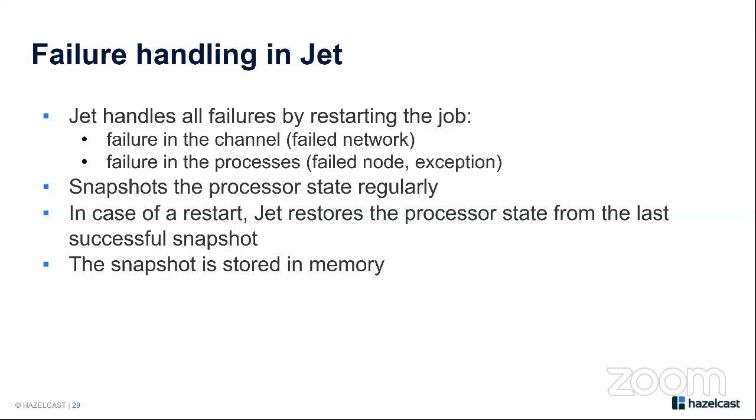So every 10 seconds, this algorithm runs, and a new global consistent snapshot is created. The previous one is deleted. If the job fails, we just take the last successful snapshot, restore from it and continue from there. And the snapshot is stored in memory.